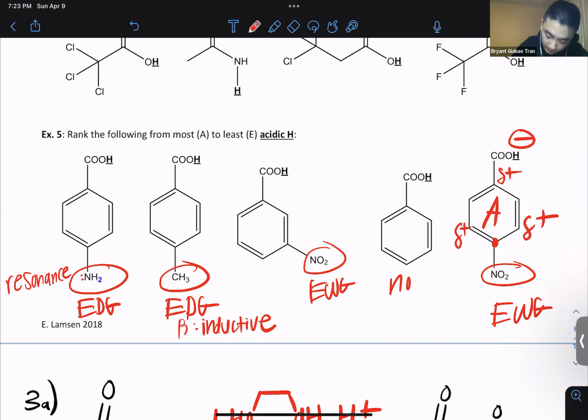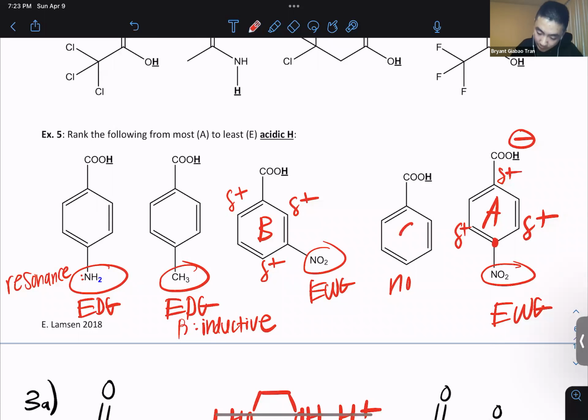Whereas this is our second most acidic hydrogen, carboxylic acid, because the electron withdrawing group here only provides a partial positive charge on the ortho or para position, which is not directly under the carboxylic acid. It's still a positively charged system, still supporting the carboxylate, but not as strongly as the first one here.